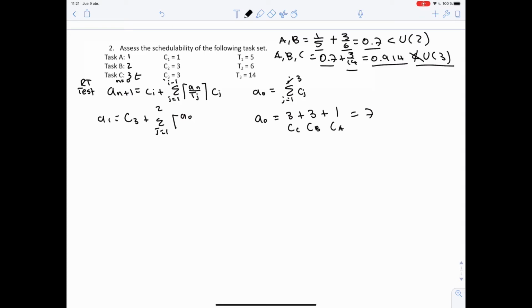So if we expand, it'll look something like this. We plug in what we know. So we have that task 3 has a cost of 3. We know a0 is 7.